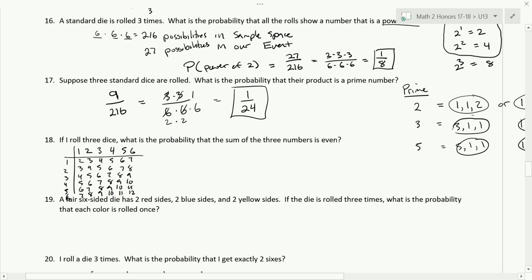Okay, so I'm going to add 3 things together, but if I add the first 2 together, these are my 36 possible sums. And so we're going to add those together with the 1, 2, 3, 4, 5, 6.